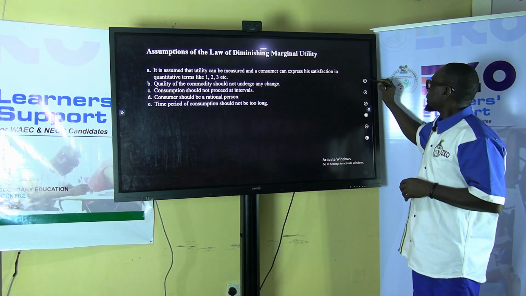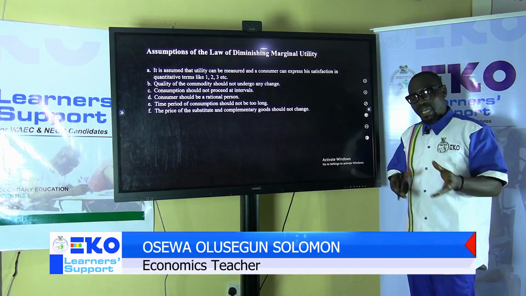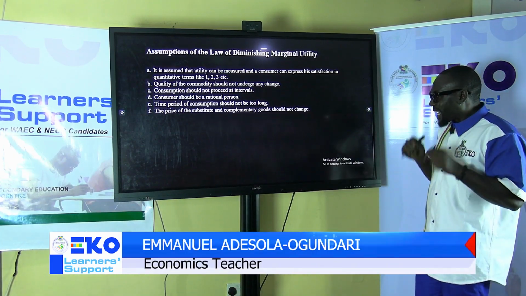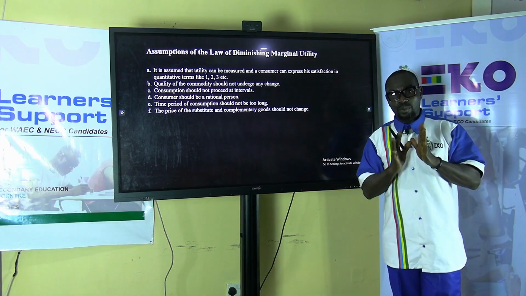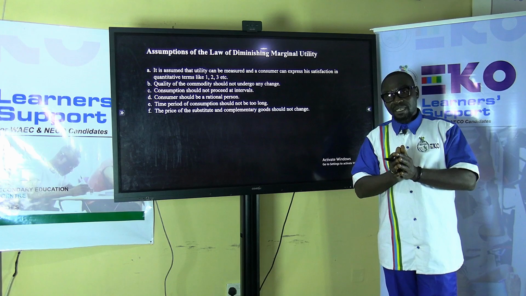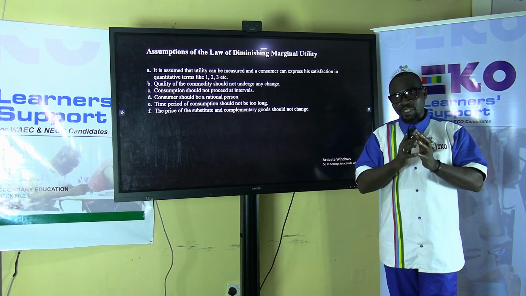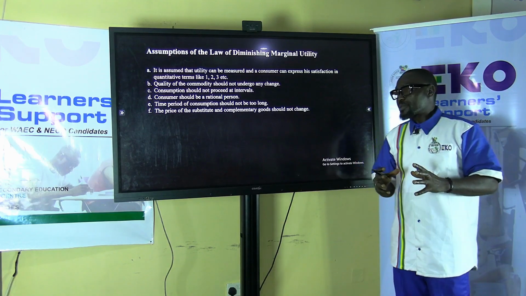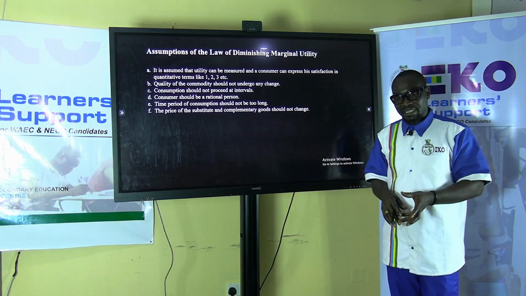And then the prices of the substitutes and complementary products to the commodity we are talking about do not change, because when this happens, they would influence the pattern or the quantity of consumption of the commodity. A substitute is another product you can consume in place of one.